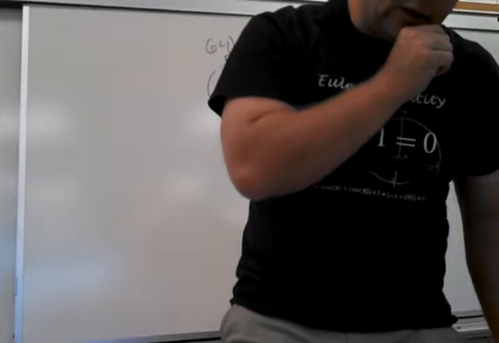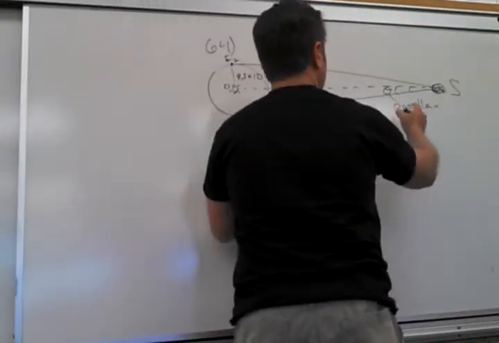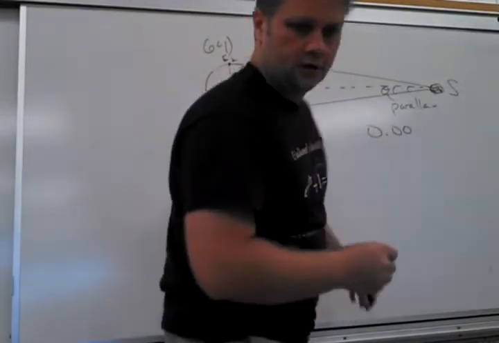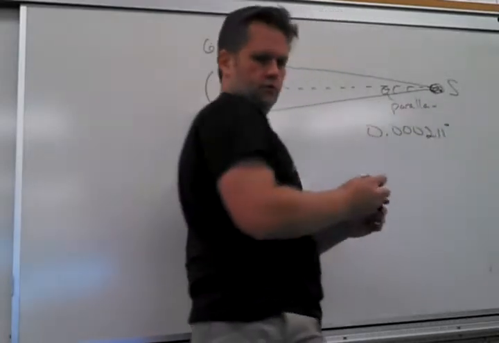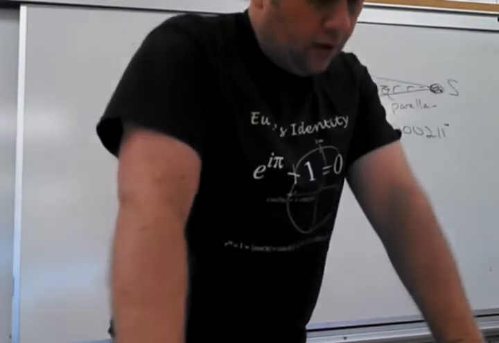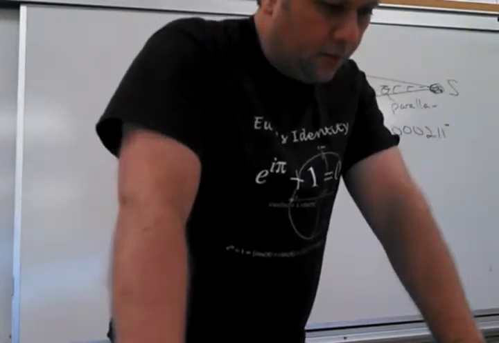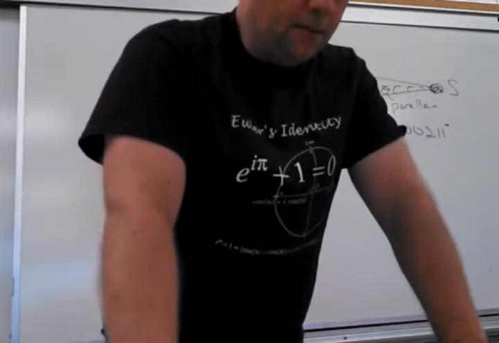So what are they asking here? Estimate the distance to the star. And they tell me that this angle here is this humongous 0.000 degrees. Okay, so I think I got everything they tell us.